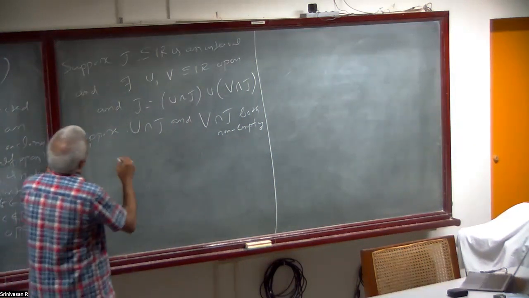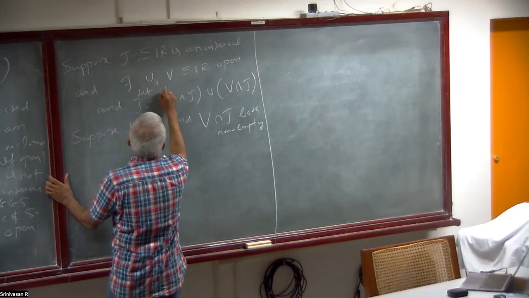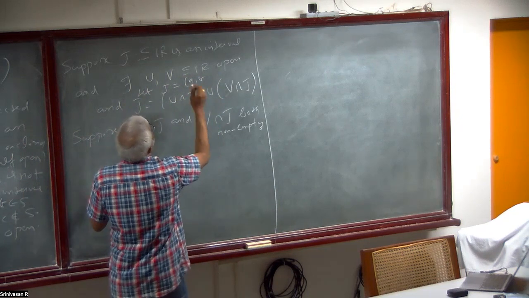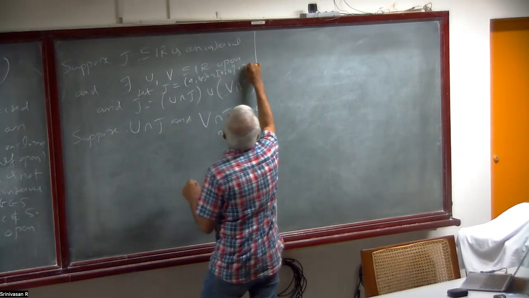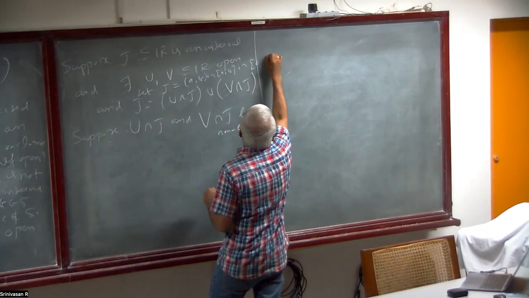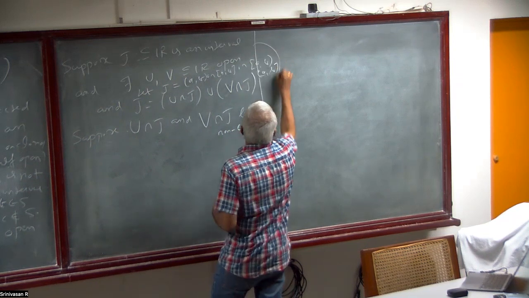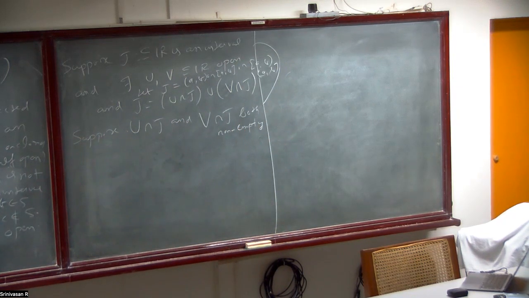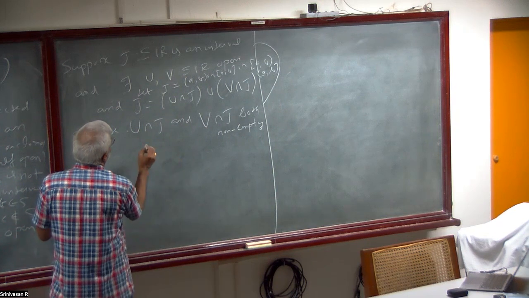And let's assume J is equal to the interval with endpoints A and B. It doesn't matter whether it is closed or open. It is just that the endpoints are A and B. Suppose this is the case, then both are non-empty.